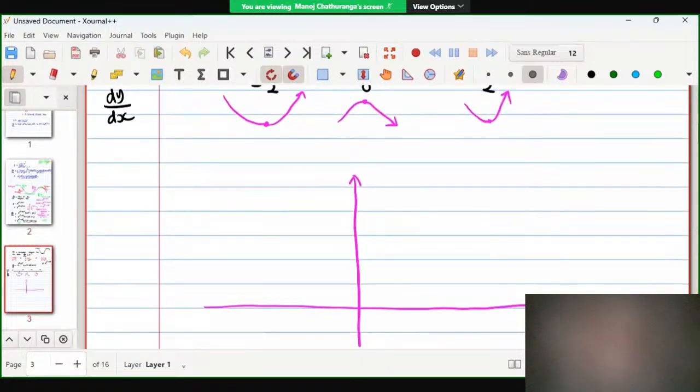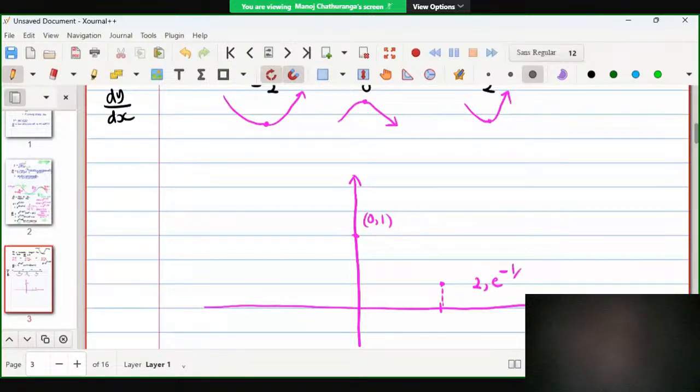So at 0, we have a local maximum, which is 1. At 2, we have a local minimum, e to the minus 16. And again, at negative 2, we have e to the minus 16.